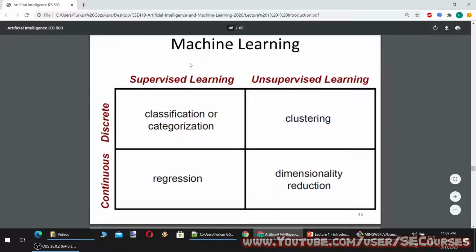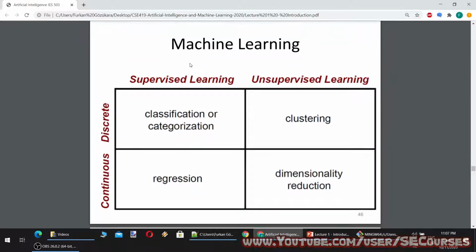Machine learning has four different methodologies, let's say. One methodology is supervised learning. In supervised learning, you provide labeled data. In unsupervised learning, there is data and it learns according to the rules you define.